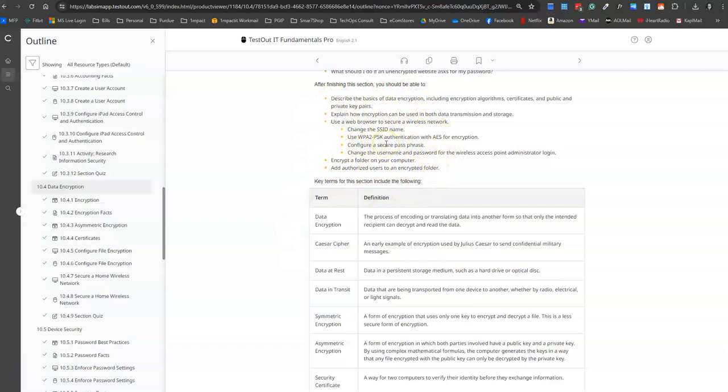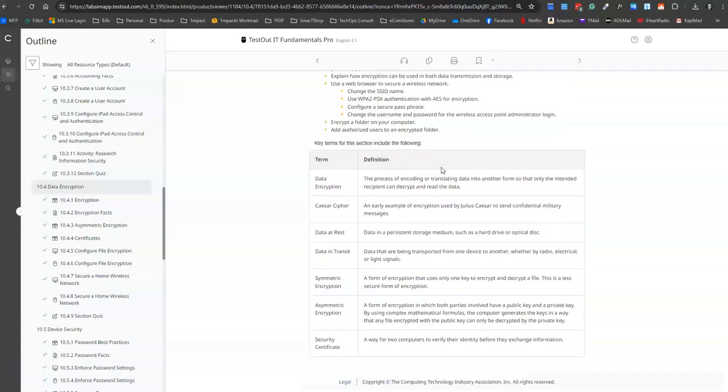WPA2 is what it used to be. We have WPA3 now. You put it in folders, secure folders. You put a password on it. There used to be ciphers. There's encryption, and it is something that has been used for so long and in so many ways that it's just known as part of security.